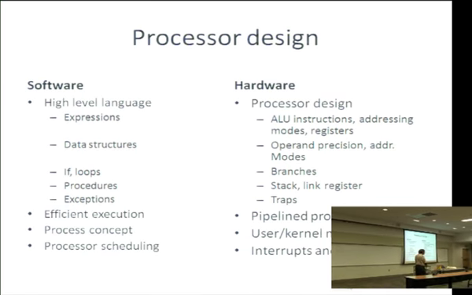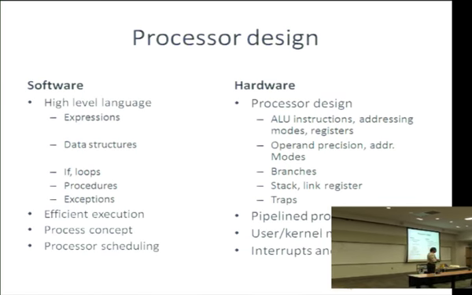When we looked at processor design, we talked about how instruction sets are designed from a compiler perspective in terms of generating efficient code, and so all of that, instruction set design falls out of how do you compile high-level language constructs, right?